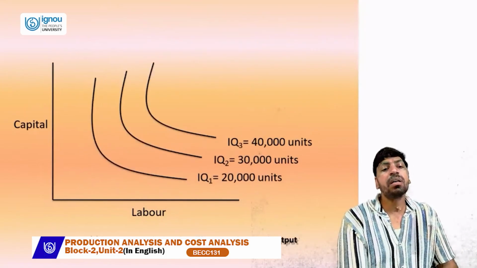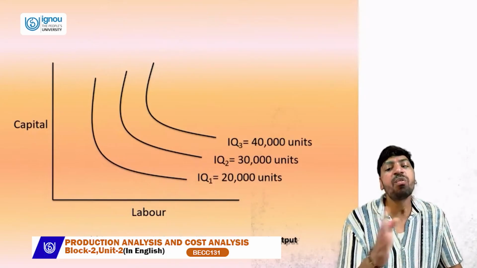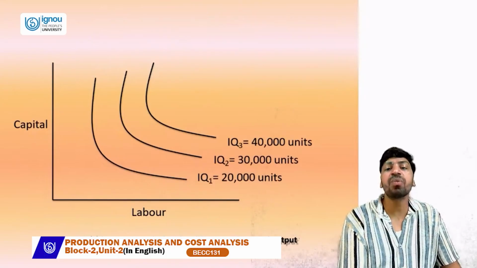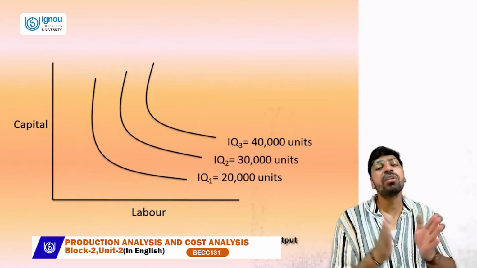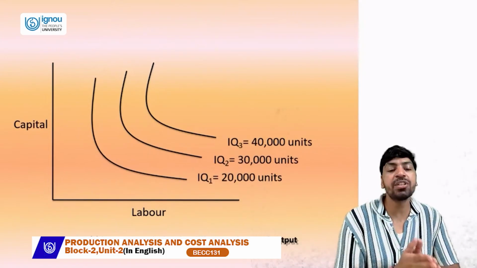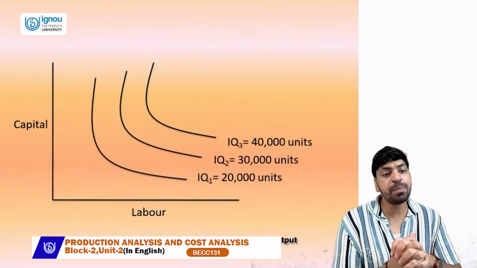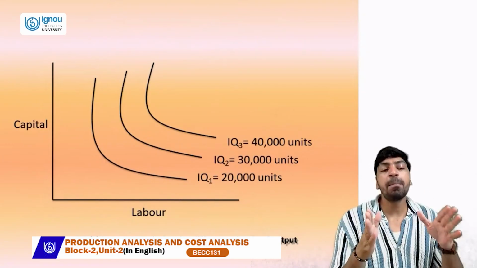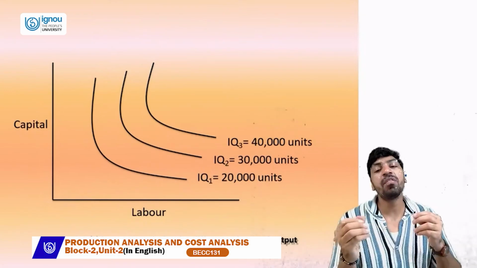These are called the isoquant curves, showing different volumes of output, that is 20,000, 30,000, and 40,000. So this is also another graphical representation, or another category of isoquant curve shapes, where by combining the two factor inputs, it yields the same level of output.